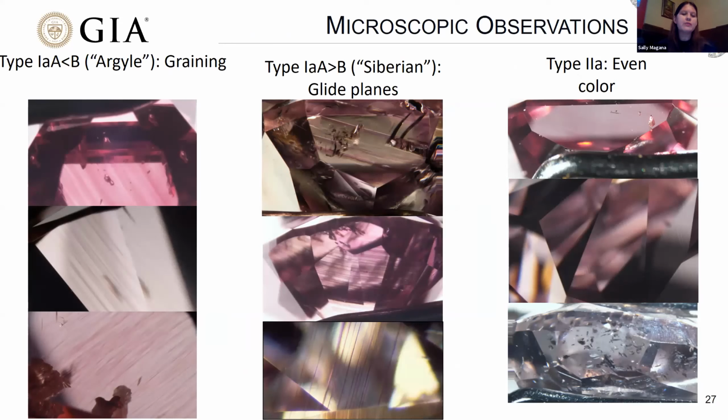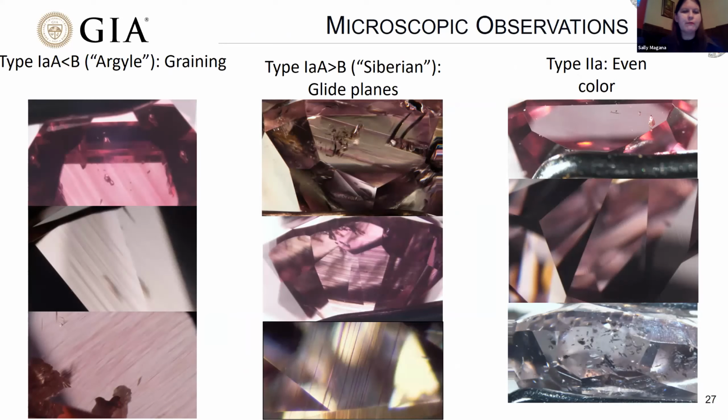When we look at pink diamonds in the microscope, we can see several gemological features that are really interesting because they can help correspond to a specific location.